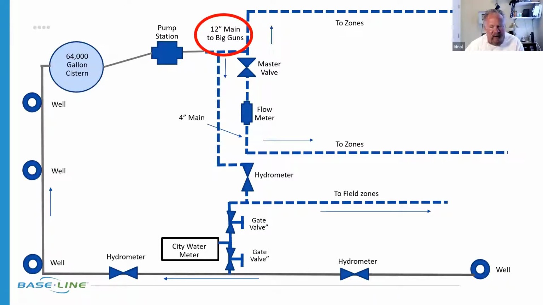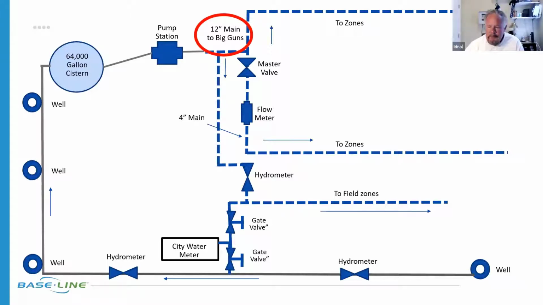It can run for several hours. If we turn on the big guns, which is not a regularly scheduled thing like turf, you don't have to water it to grow, so it's for extreme situations. The system is set to start and it stops automatically based on those sensors in that tank.